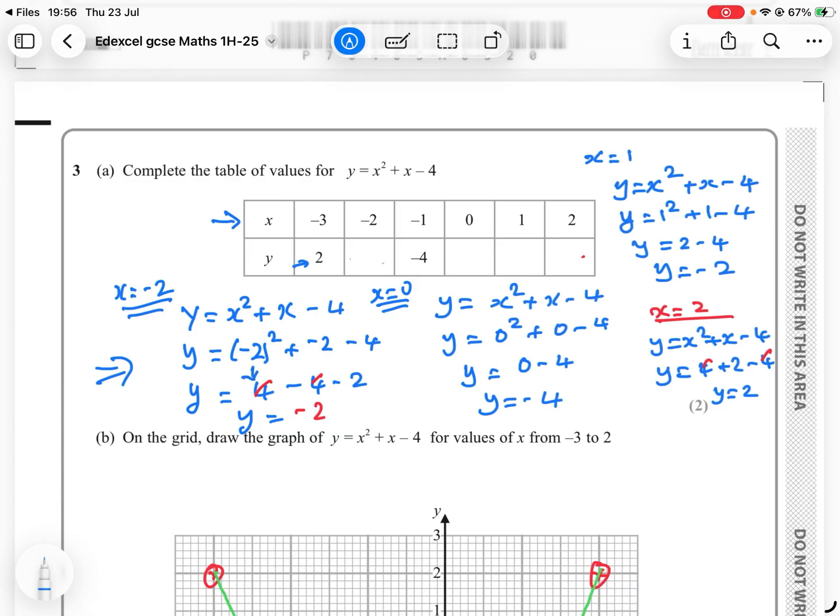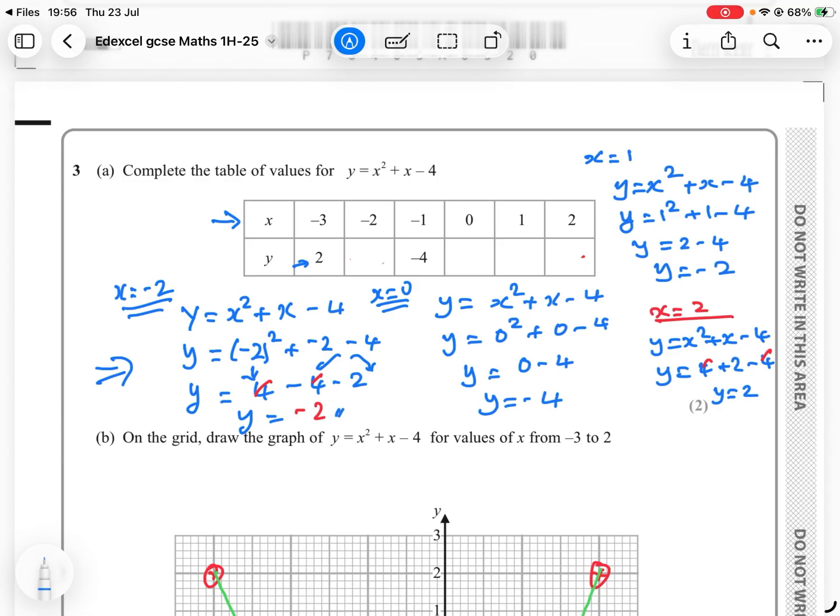So 4 take away 4 take away 2. So if you rearrange, minus 4 in here, minus 2 in here, so that means y equals 4 take away 4 take away 2. The 4s cancel. So y equals minus 2.